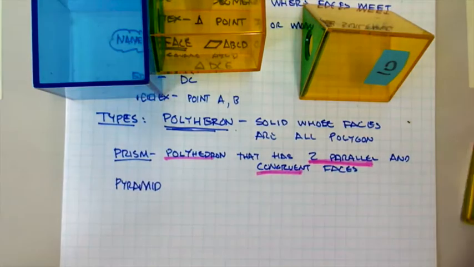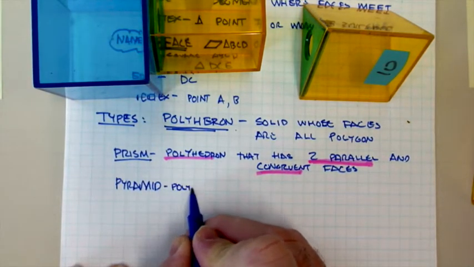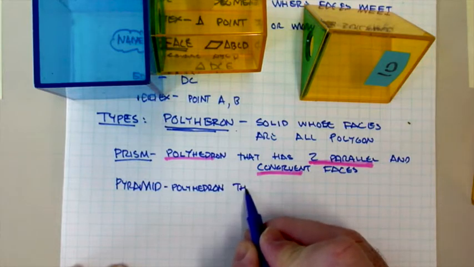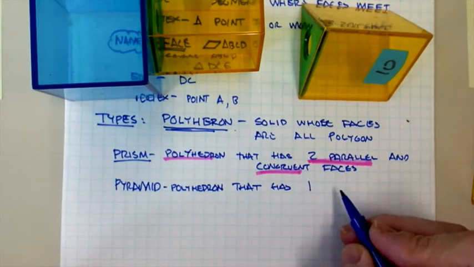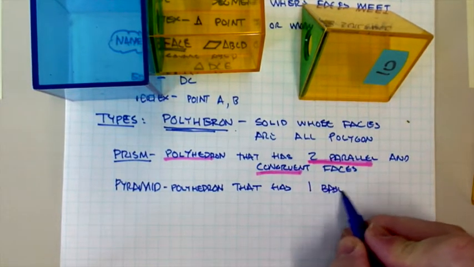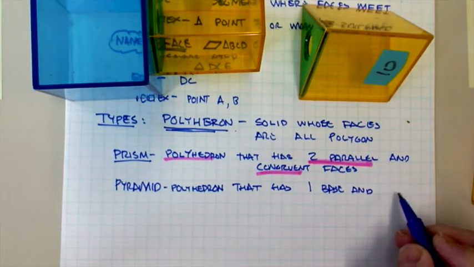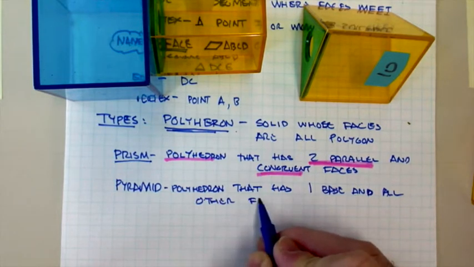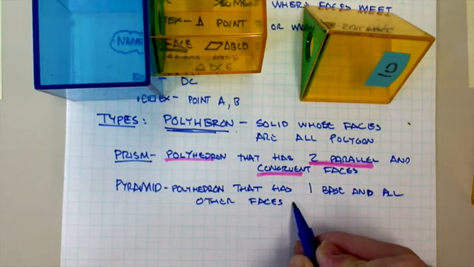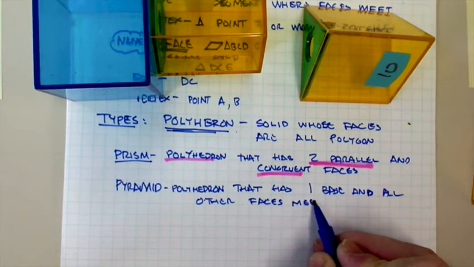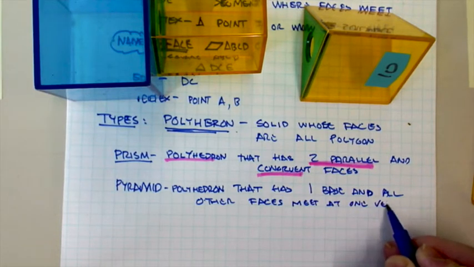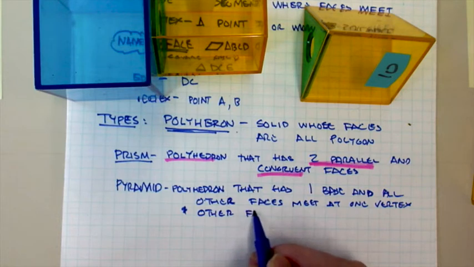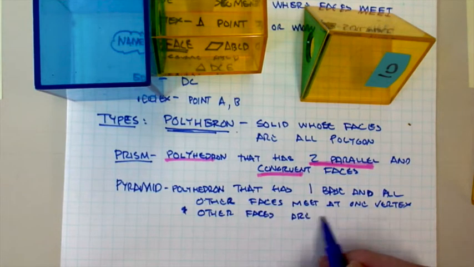In this one, a pyramid again is a polyhedron, but this polyhedron is one that has one base, and all other faces meet at one vertex, and all other faces are triangles.